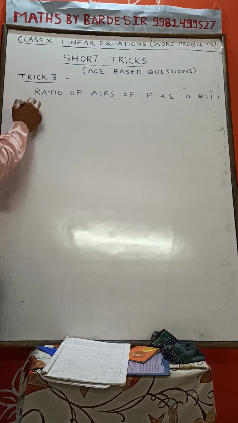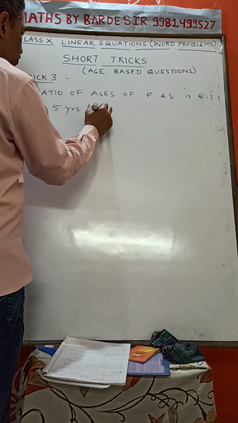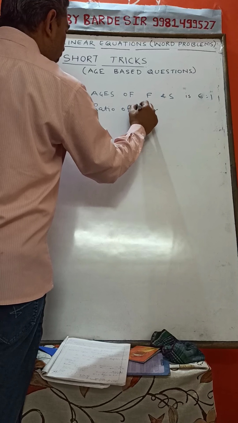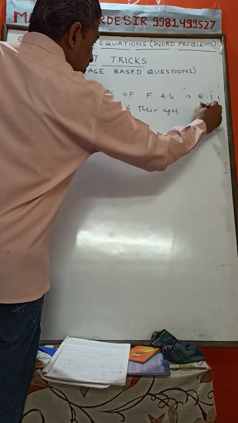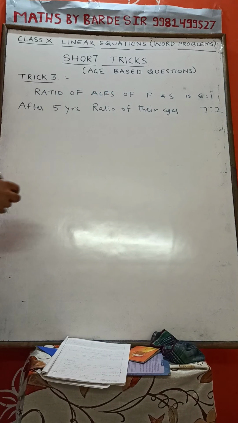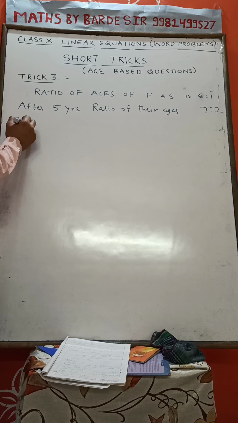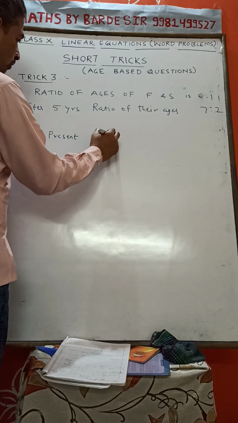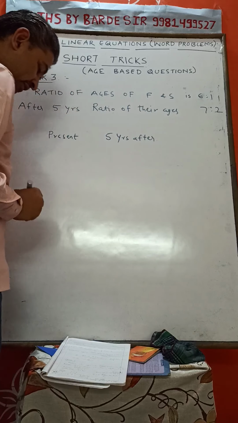After 5 years, the ratio of their ages becomes 7:2. So according to this, let's make a table again. Present, 5 years after.